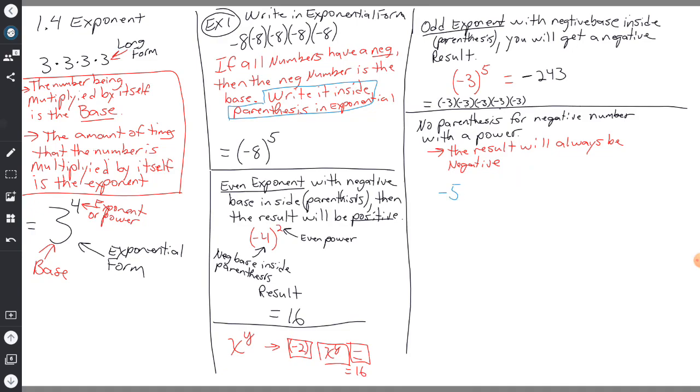And it doesn't matter whether you have an even or an odd exponent or what have you. So no parentheses there.